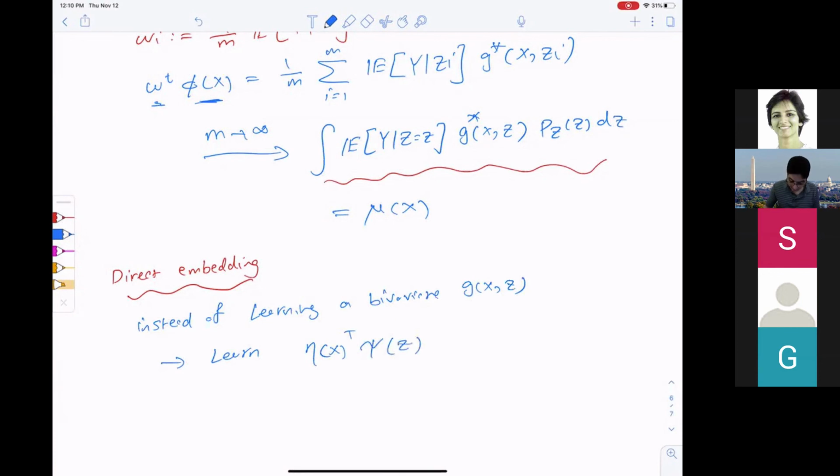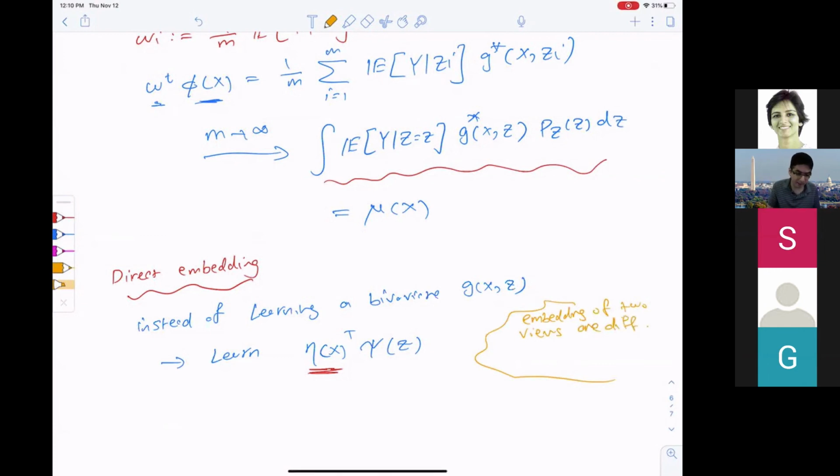And then I'm going to use just mu of x as my embedding of x. Here, I want to note that in this way of embedding, embeddings of two views of the same data can be different, so these are two different functions.